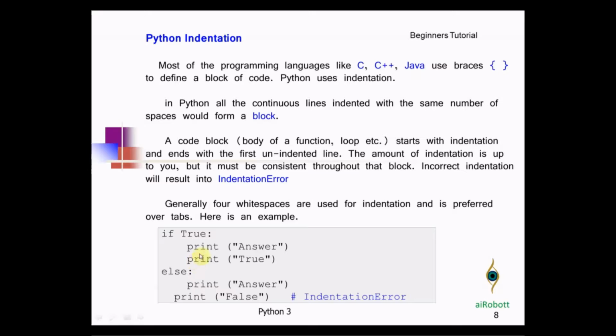After the colon, the cursor automatically goes after some white spaces. Then it prints whatever you type here. Similarly, in the next line it also takes the same amount of white spaces, so it is called indentation. It is formed as a group of code, and it will be called a suite here.